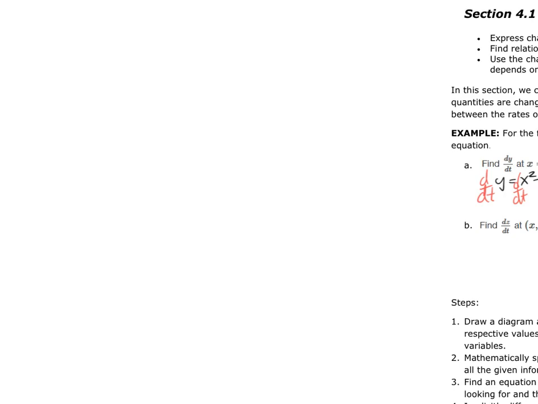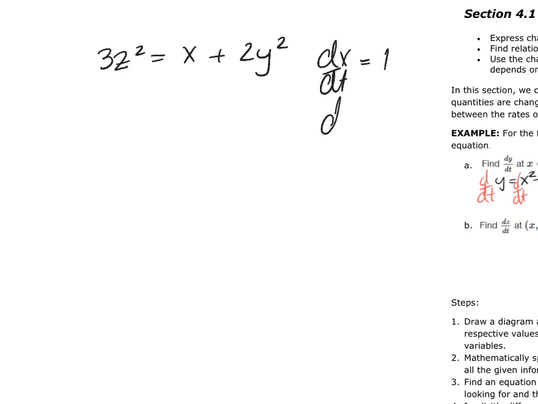So, do you want 3 variables or 2 variables? 3 variables. Okay. So 3z squared is equal to x plus 2y squared. dx/dt is equal to 1. dy/dt is equal to 5.